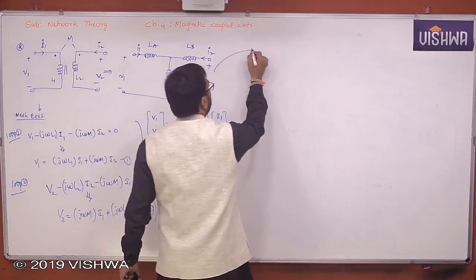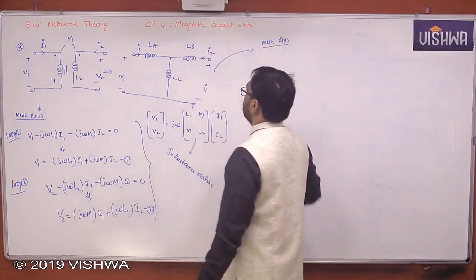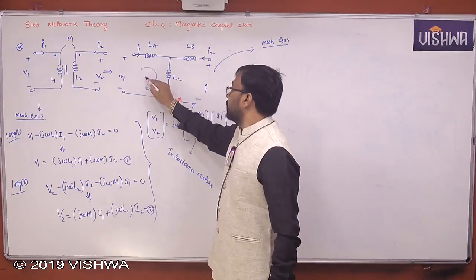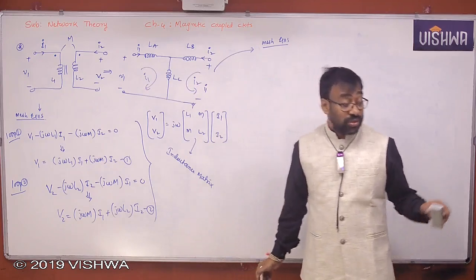Now let us write the mesh equations for this. If you write, what do you get? Mesh equations. This is I1, this is I2. Shall we use directly the inspection method? You all remember.